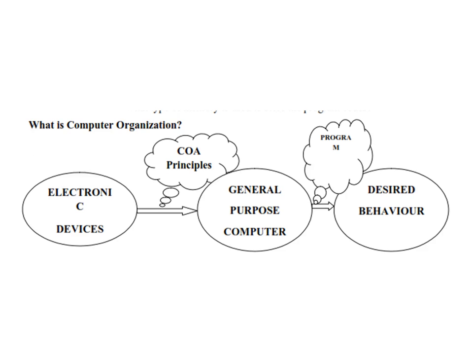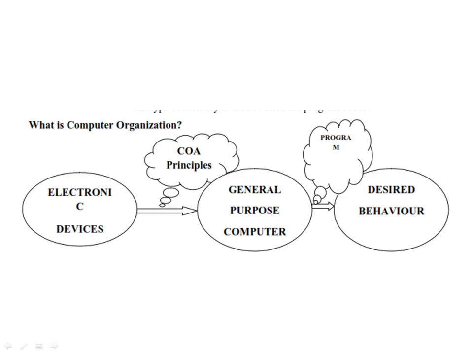Now from my point of view, let me clarify what computer organization or computer architecture actually is. As we are from an electronics background, it will be clearer to explain with that background.